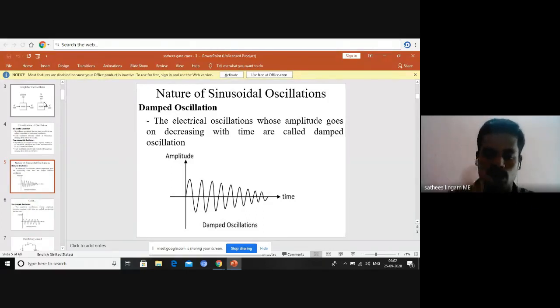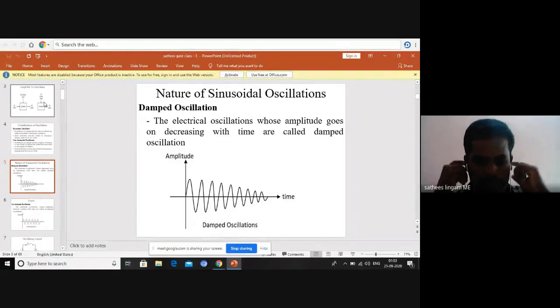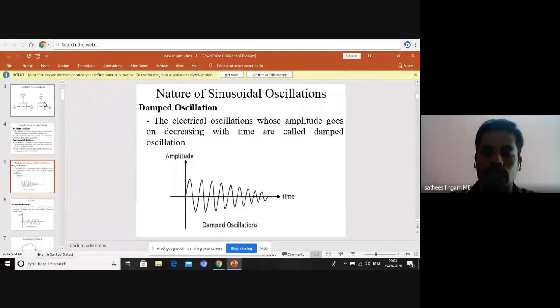If you use a large number of electronic devices, elements, and circuits, each has some parameters. Suppose you have a 10 kilo ohm resistor: it cannot be exactly 10 kilo ohm.